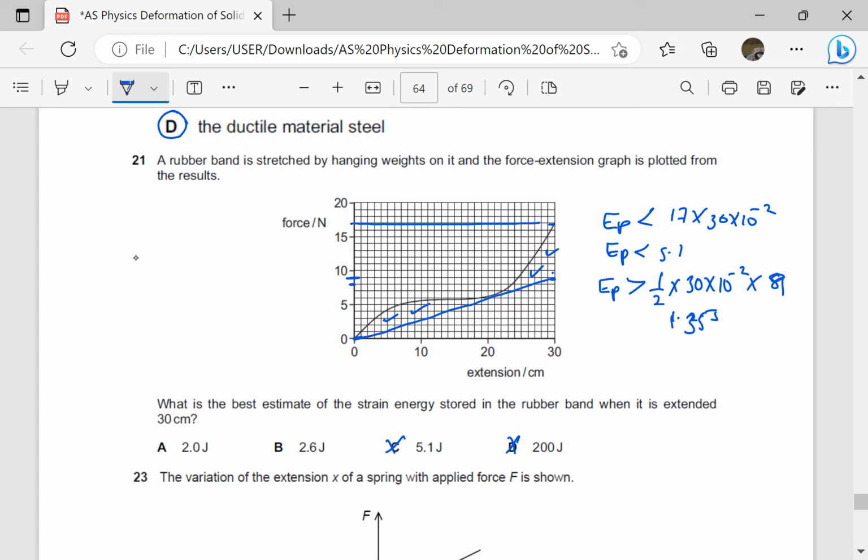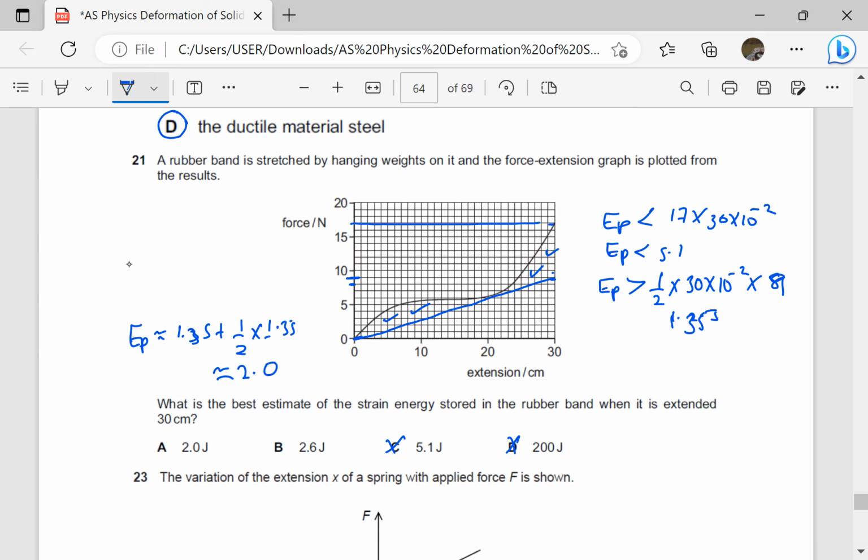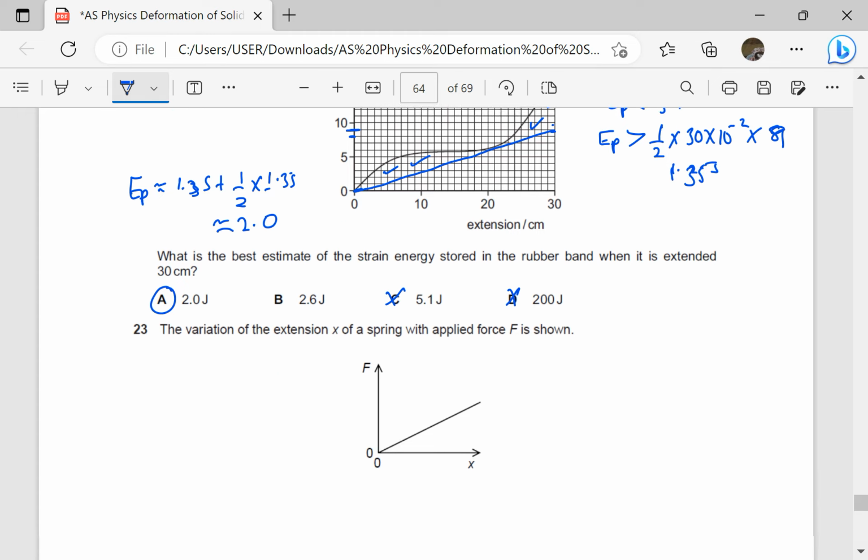So it means the elastic potential energy is going to be approximately 1.35 plus approximately half of 1.35. So we can check half of 1.35 is equal to that one, then plus 1.35, which gives us a closest answer as 2.0. So this is approximately 2.0. So the answer is going to be A.